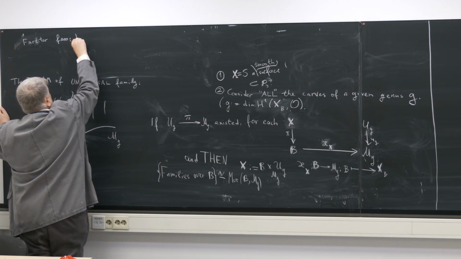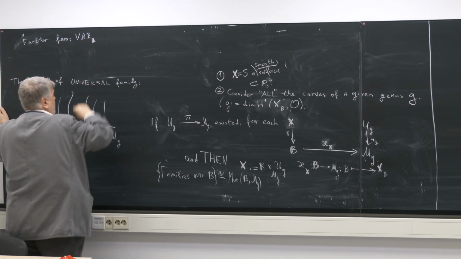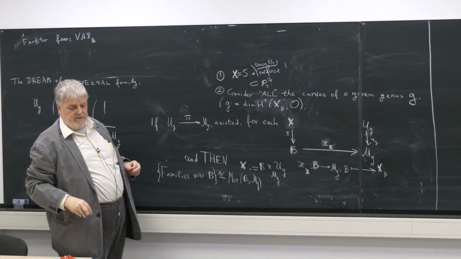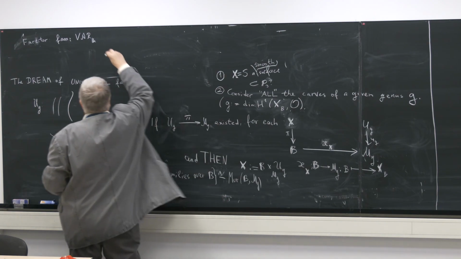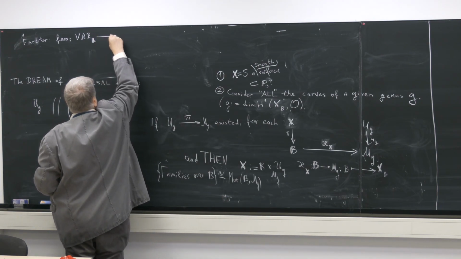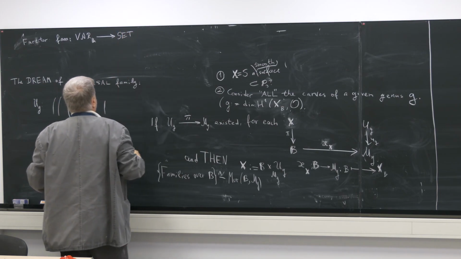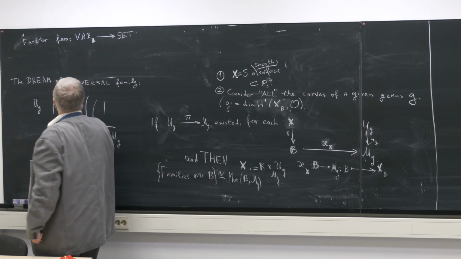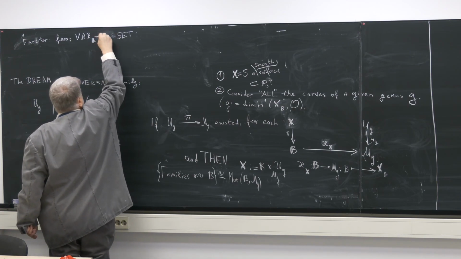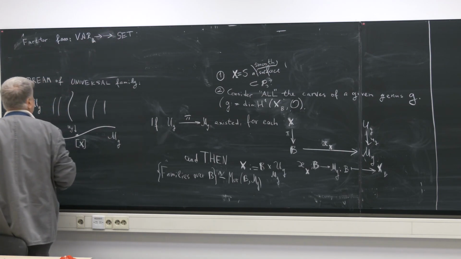So we consider the category of varieties over a fixed algebraically closed field K to the category of sets, understanding the argument of this functor, sorry, we have agreed to duplicate the set theory notations.